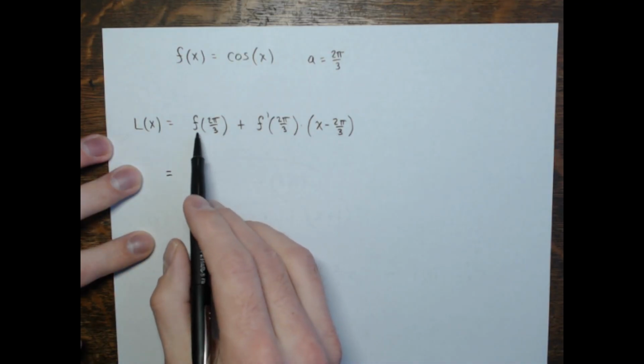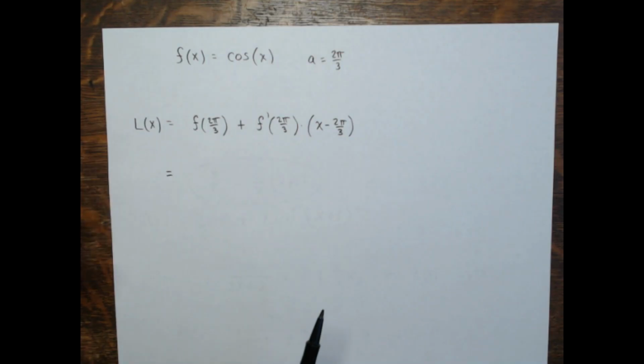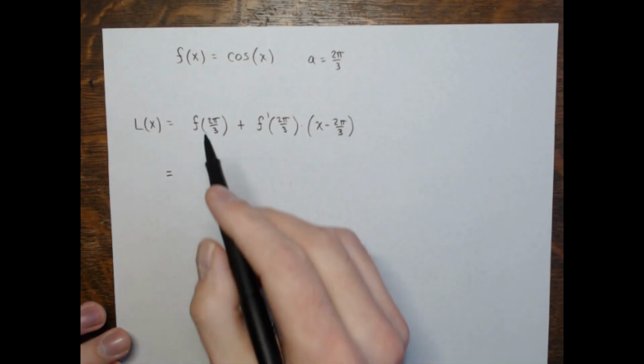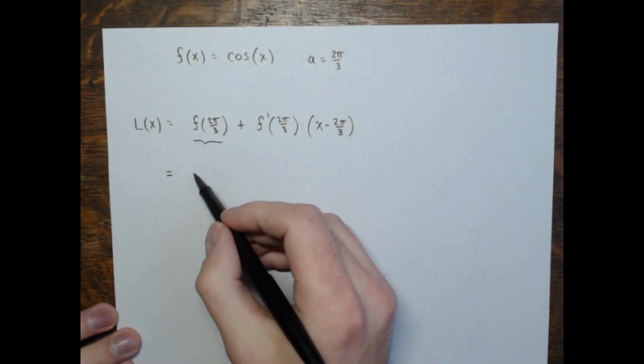All right, so the cosine of 2 pi over 3. Remember the cosine of pi over 3 was a half, 60 degrees. Cosine of 2 pi over 3, though, being a quadrant 2 angle in standard position, would be negative half. So this first value here is negative half.